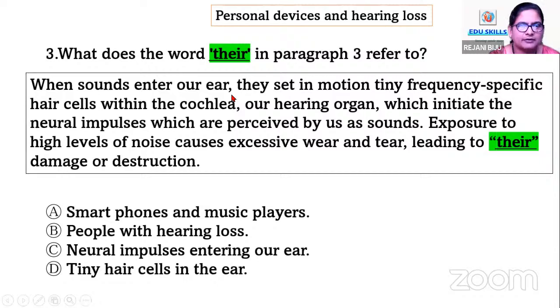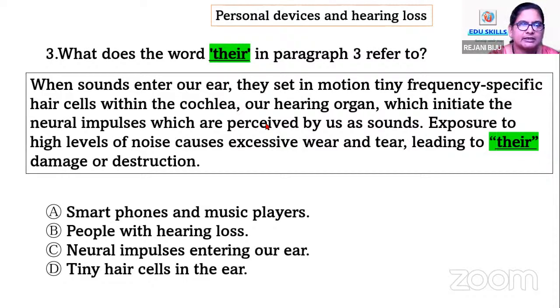When sounds enter our ear, that is the introductory phrase, they set in motion tiny frequency specific hair cells within the cochlea. After that, comma given, then our hearing organ, one more comma. We know that according to the mentor's strategies, he always says that the thing which is inside two commas or a hyphen can be struck out.